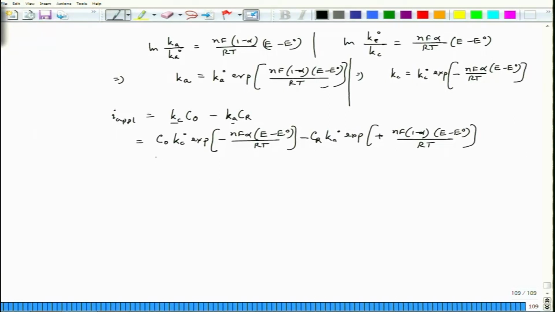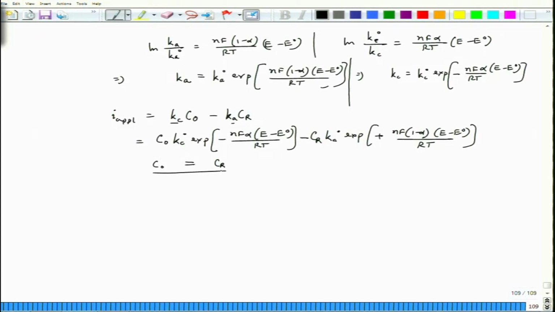Now, if we assume that C O and C R are equal, these concentrations are equal, that means whatever number of ions are forming on the outermost layer is equal to the number of atoms that are coming out.